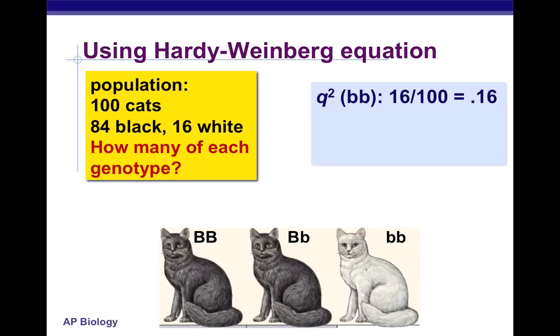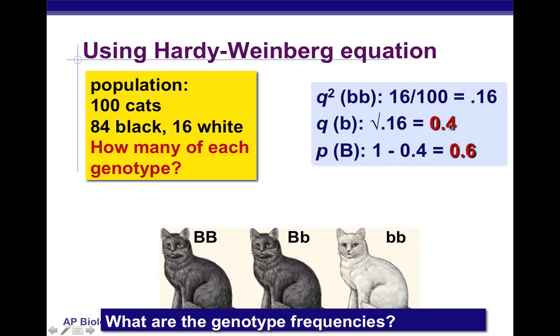So Q squared is 0.16 because it's 16 out of 100, 16% of the population is white. What's Q going to be? We could just square root 0.16 and we get 0.4. And once we have Q, we know P because 1 minus 0.4 equals 0.6.